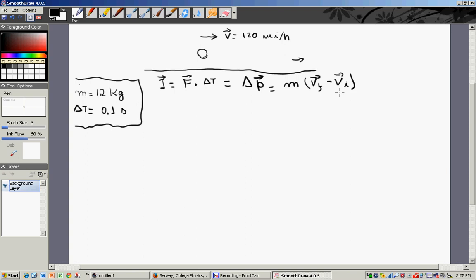So in this case, you have the means to relate force, which is what you want to solve for. The time is given. The mass is 12 kilograms, the initial velocity is 120 miles per hour, and the final velocity, since I want to stop the child, is 0 meters per second.